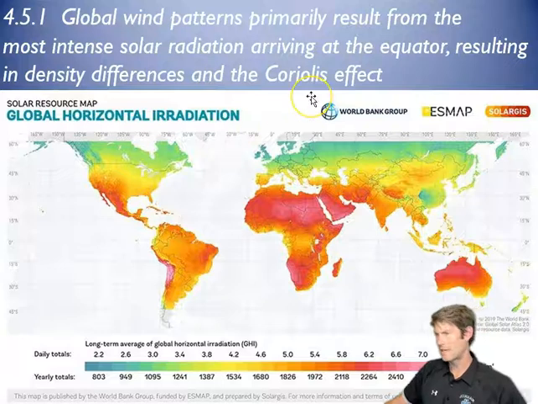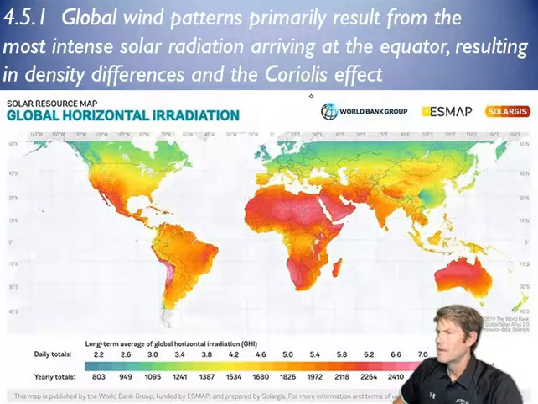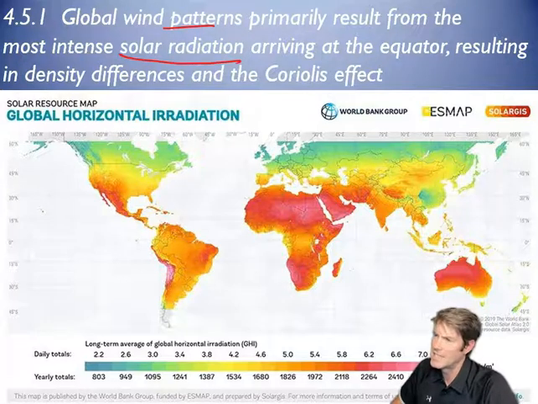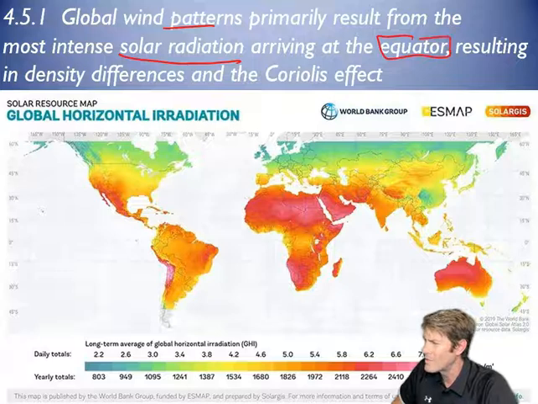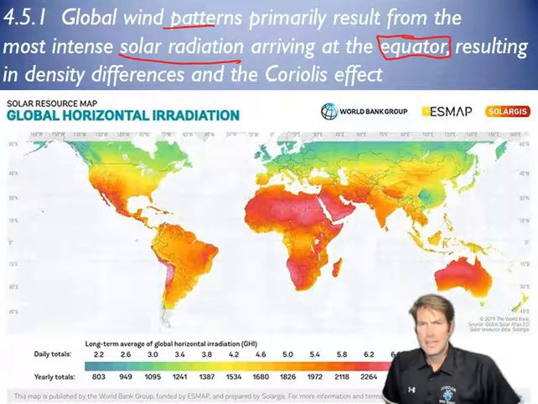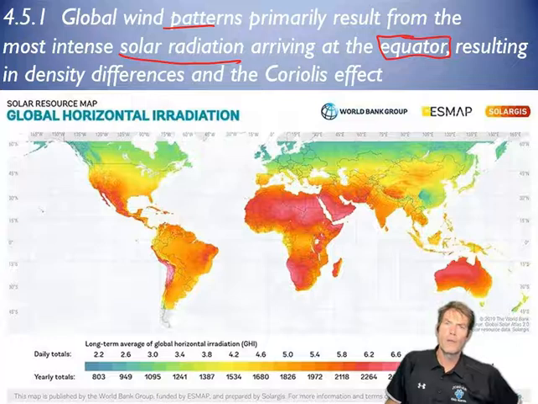So check this out. A lot of these patterns result from the different intensities of solar radiation. As we've been talking about, most of the energy from the sun is hitting the equator for most of the year.